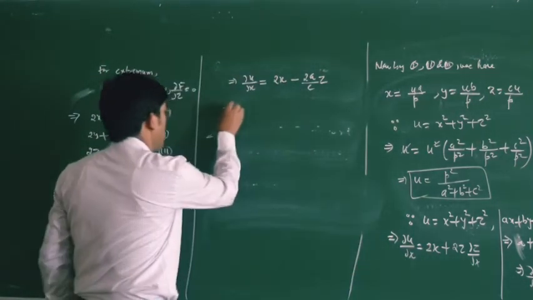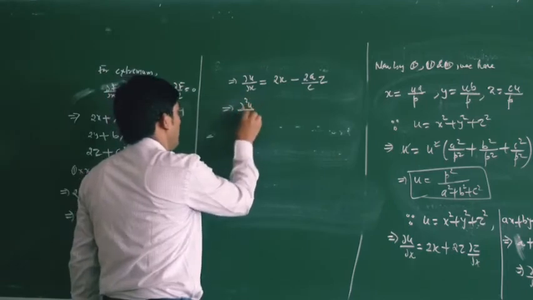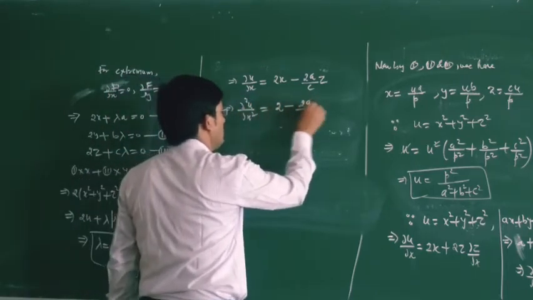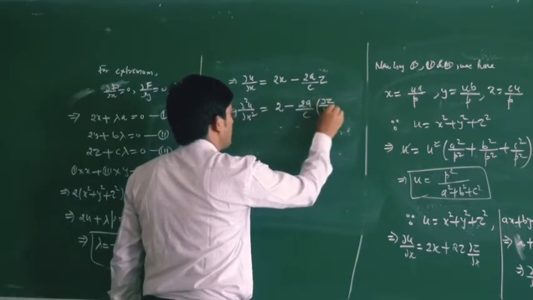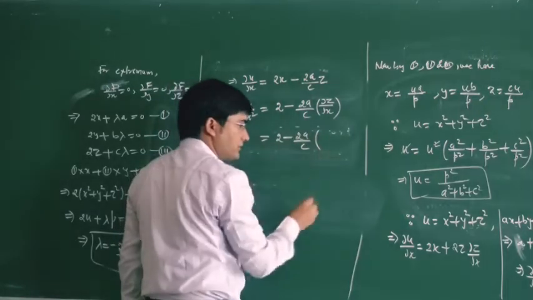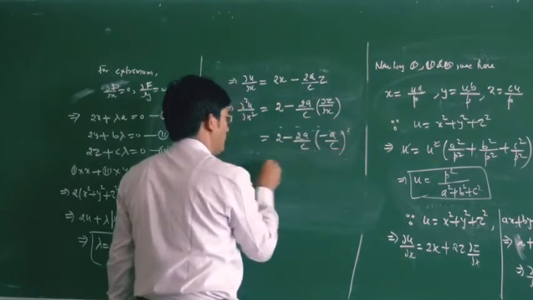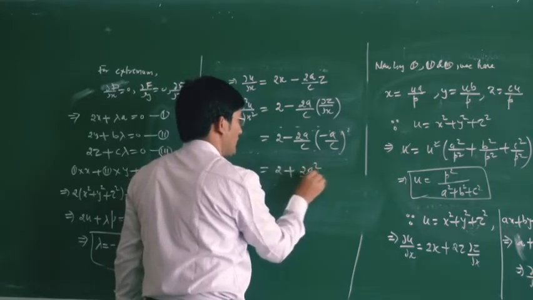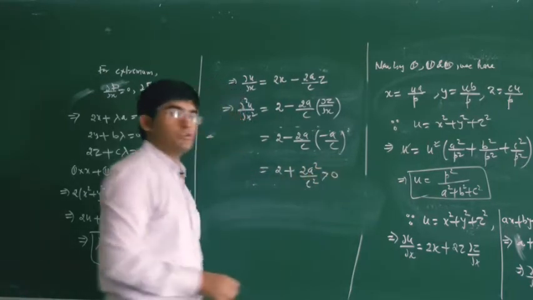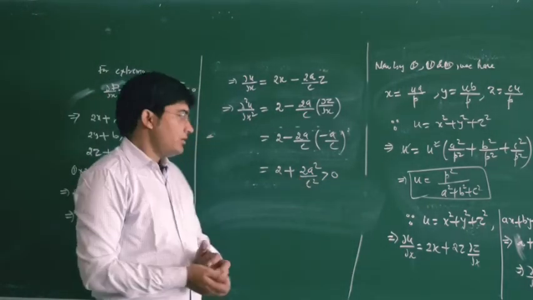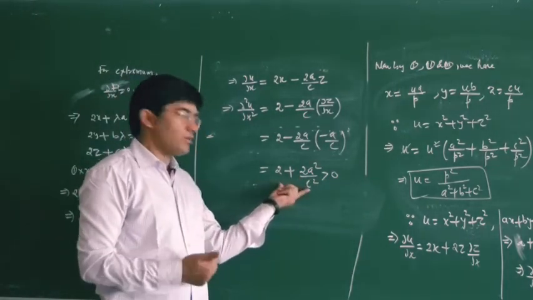Again differentiating. Again if we differentiate this equation, then we will get 2 times 2a upon c, then del z upon del x, and this is equal to 2 times minus 2a upon c, and the value of del z upon del x is minus a upon c. Now you can see that this is 2a square plus c square, and it will be positive for all the values of x, y and z, because this right hand side is not depending on x, y and z.